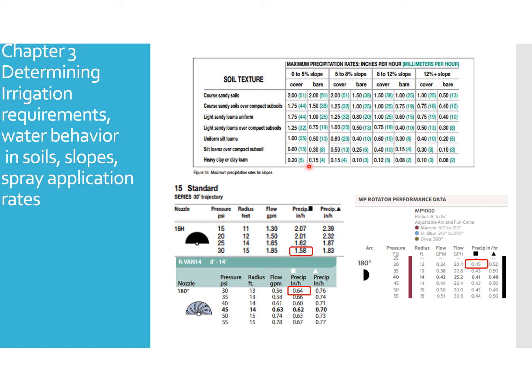Here, covered at 0 to 5% slope, heavy clay can only absorb 0.2 of an inch an hour of water, where sand was 2 inches. So heavy clay soil can drink up 1/10 of the amount of water that coarse sandy soil can. Now take a look at what happens when you have a slope.